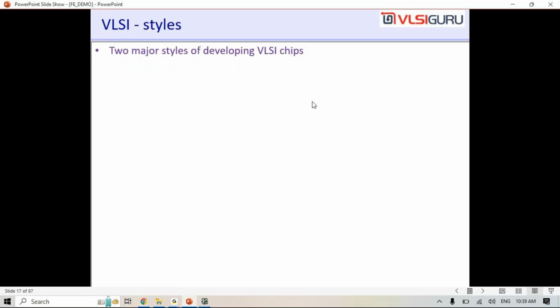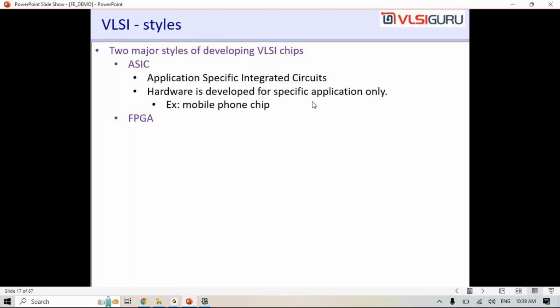How many styles are there in the VLSI development process? Two. What are those two? ASIC. What does ASIC stand for? Application specific integrated circuits. It is hardware developed for a specific application only, like a mobile phone chip. FPGA stands for field programmable gate array.